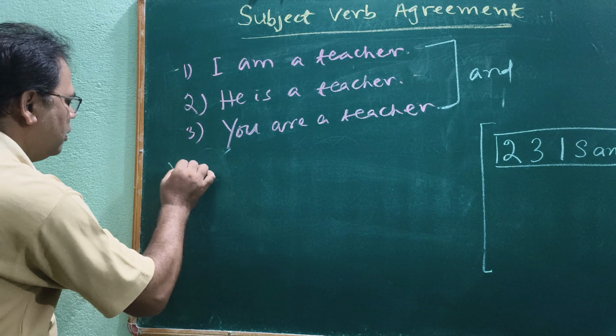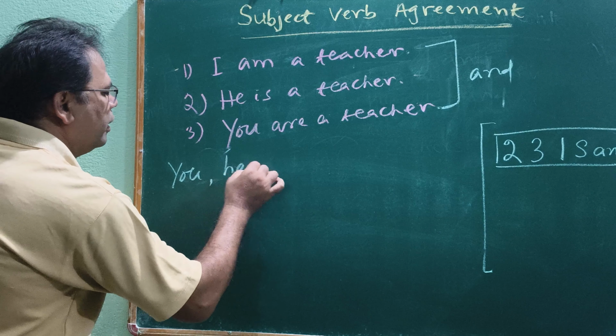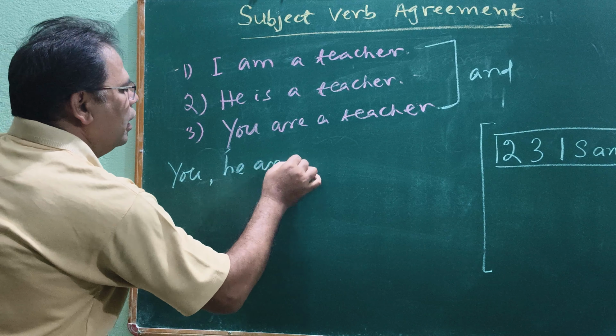The answer will be you, he, and I are teachers. Here, you is the second person, he is the third person, and I is the first person. We use it because we would like to respect you first, then he, and then I.